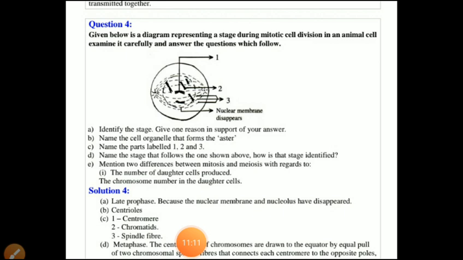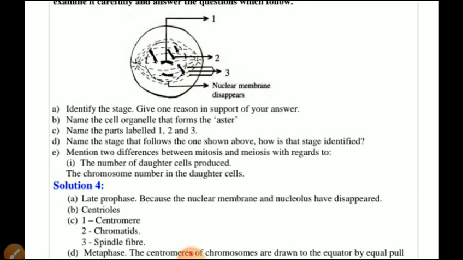Question number 6 from your textbook. Given below is a diagram representing a stage during mitotic cell division in an animal cell. Examine it carefully and answer the questions which follow. Question A. Identify the stage. Give one reason in support of your answer.